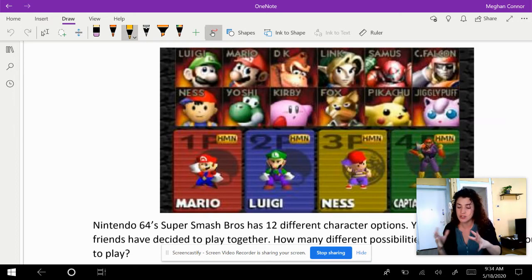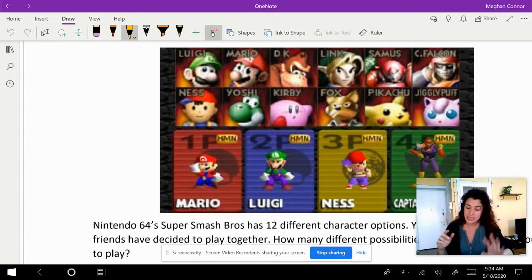So maybe I would just want to talk about 2 characters or 2 players. Maybe it was just me and one other friend, and I wanted to figure out how many different possibilities exist, given we had 6 characters instead of 12, because 4 and 12, that's some big numbers. So let's make it some smaller numbers so we can understand what's going on here.